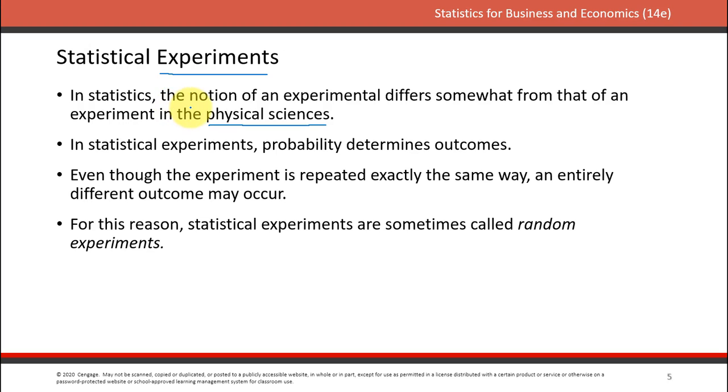In statistics, the notion of an experiment differs somewhat from that of an experiment in the physical sciences. In statistical experiments, probability determines outcomes. Even though the experiment is repeated exactly in the same way, an entirely different outcome may occur.